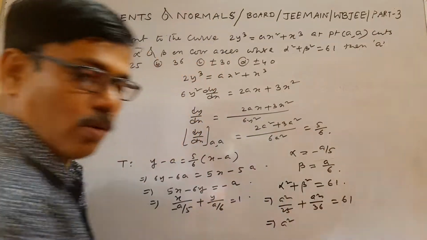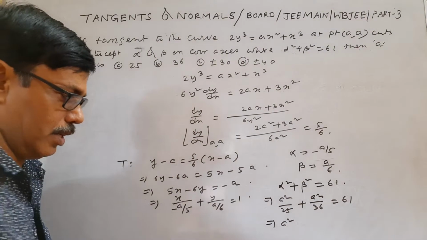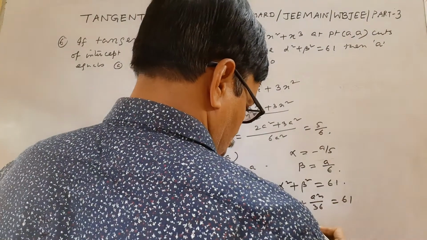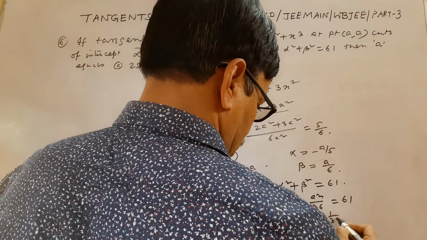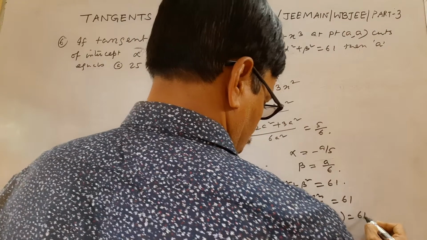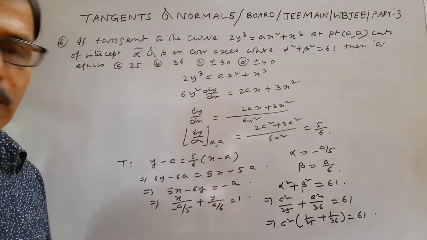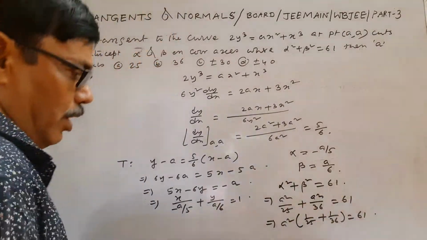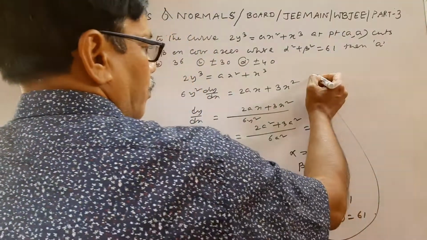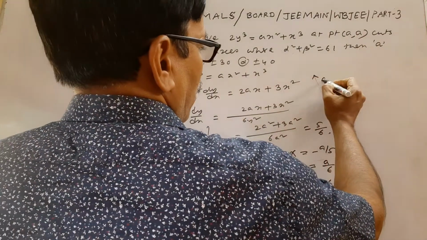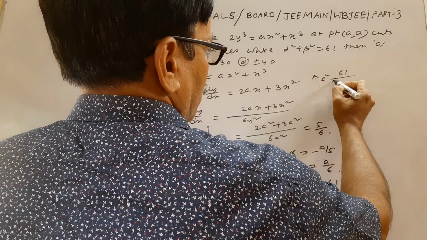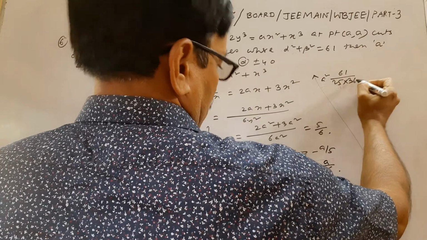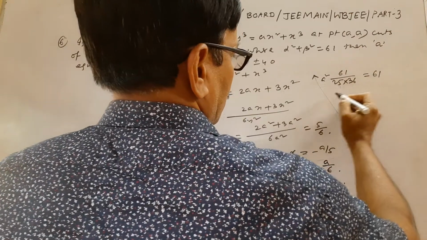So a square is common: a square into (1 by 25 plus 1 by 36) equals 61. So 36 plus 25 is 61. This implies a square into 61 by (25 into 36) equals 61.